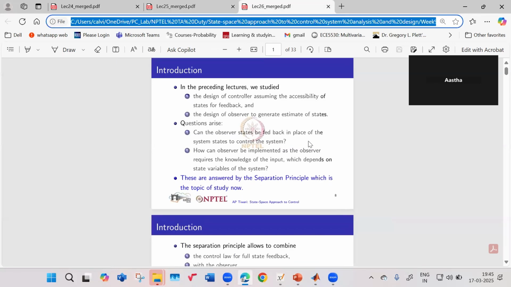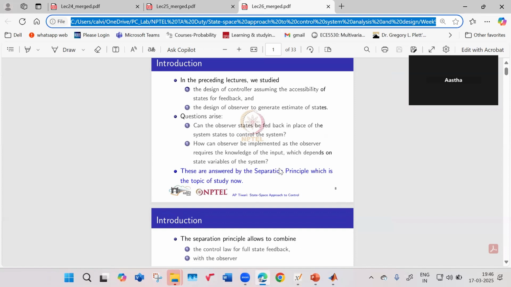So what was taught till now was that we are designing controllers, thinking that the states are known to us. But what if the state is not known? Then we design an observer. But can we use these observed states, which may not be equal to our actual states, to design our controller? Can it be used for actual implementation?